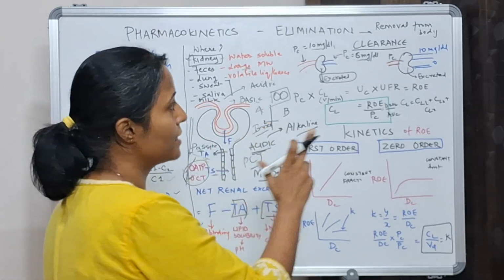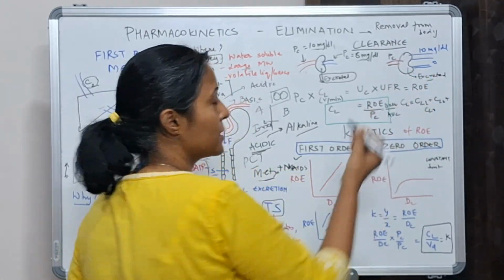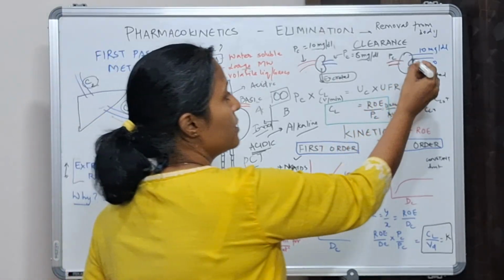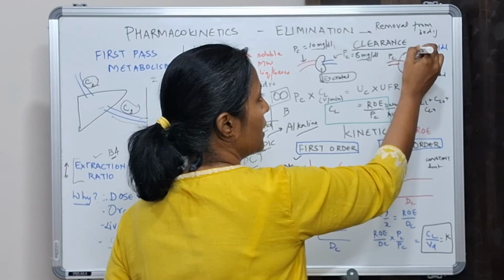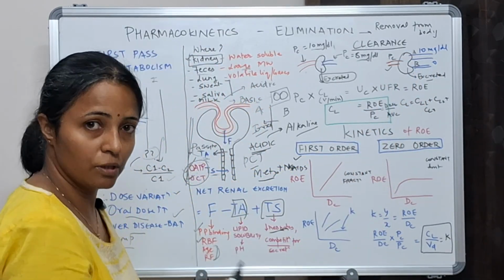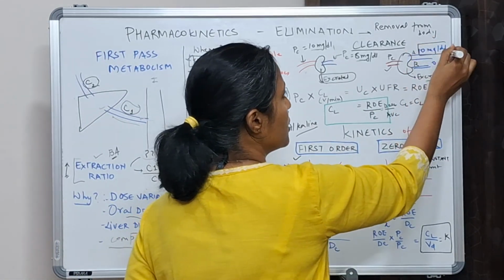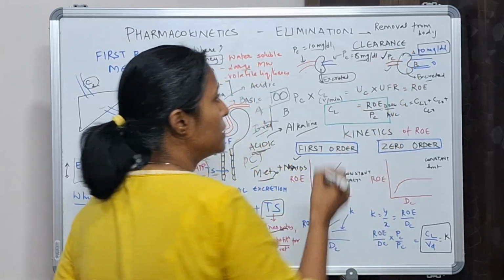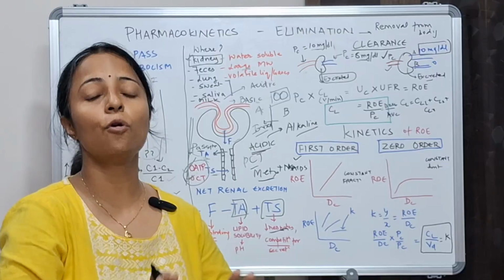Suppose the blood which is coming out is A plus B, equal to the total blood entering the kidney. Some amount of blood has a concentration equivalent to the blood which is entering, while the other amount is completely cleared of the drug.